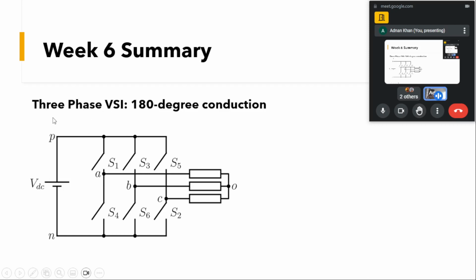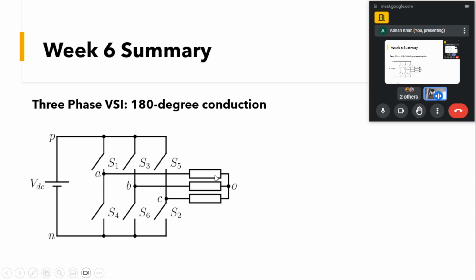And you can see here in the three phase VSI, we have three legs, which are S1, S4, S3, S6, S5 and S2, and the midpoint of each is connected to a load. This is one arm of the load, this is another arm, and this is the third arm.